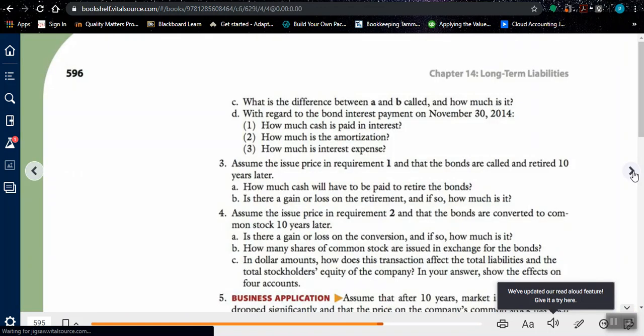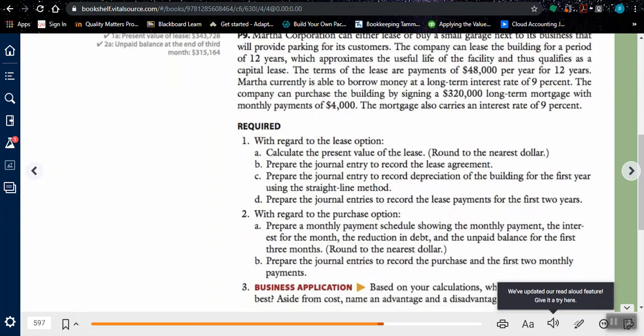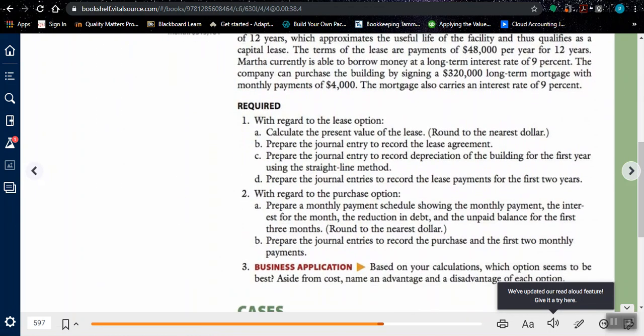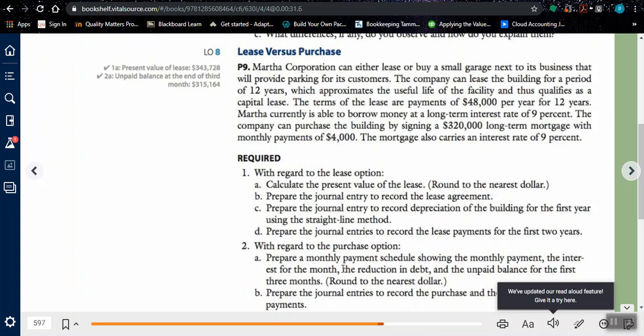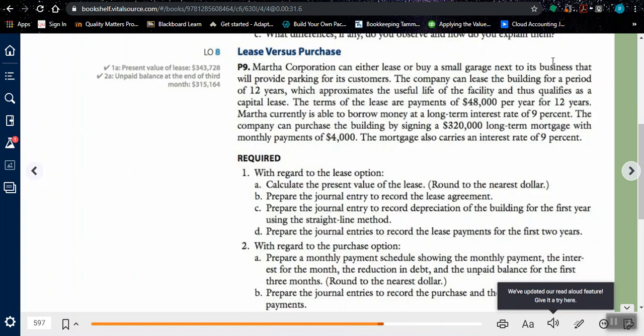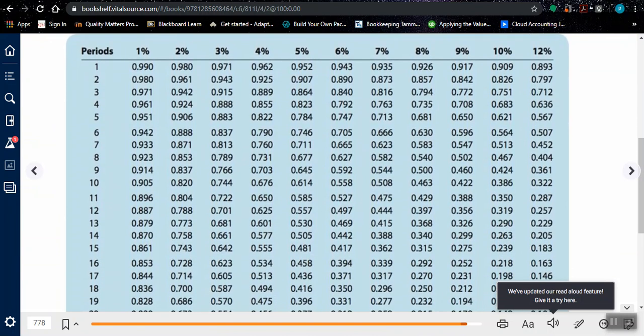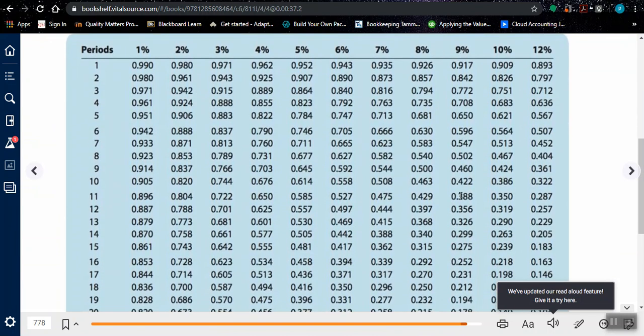So we want to calculate first the present value of the lease. So the parameters of this is that if we lease, it's at 9% and it's for 12 periods, 12 pay periods, which are 12 years. And so we go over here to page 778. And we go to 9% at 12.